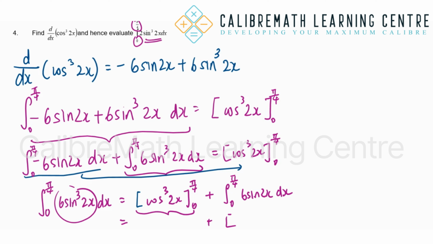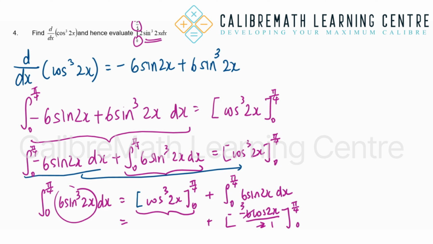Integration of your sine will give you negative, so negative 6 cosine 2x over your coefficient of 2. Okay, so you could actually choose to simplify this first to become 3 and 1 before you start your substitution.